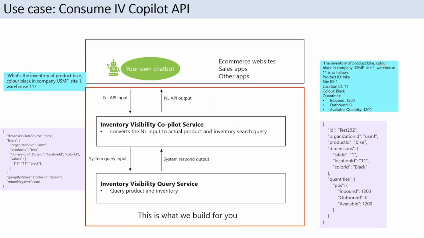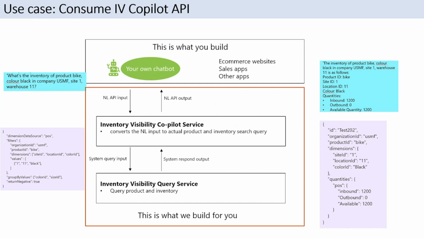So here is an architecture, or let's say a simple flow, of this IV Copilot API. The customer can ask questions like, what's the inventory of product bike color black in company USMF, site 1 and warehouse 11? We will pass this natural language to the inventory visibility Copilot service API, and we will call AOAI, the Azure OpenAI API, which means ChatGPT, to analyze this question and make sure the customer wants to ask for product or inventory.